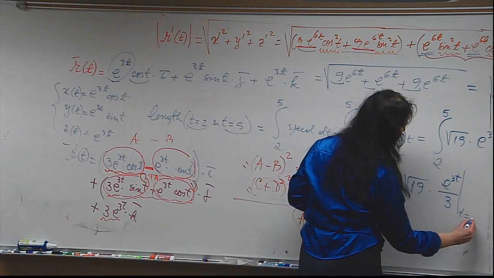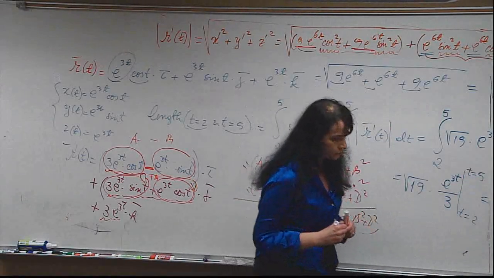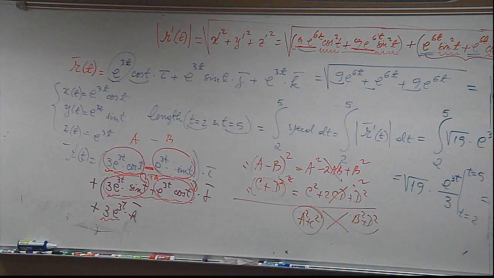Between t equals 2 and t equals 5. Actually, I took it right off the web work problem you had. So if you type this in your web work, you probably already did. You should get exactly the answer as being correct.